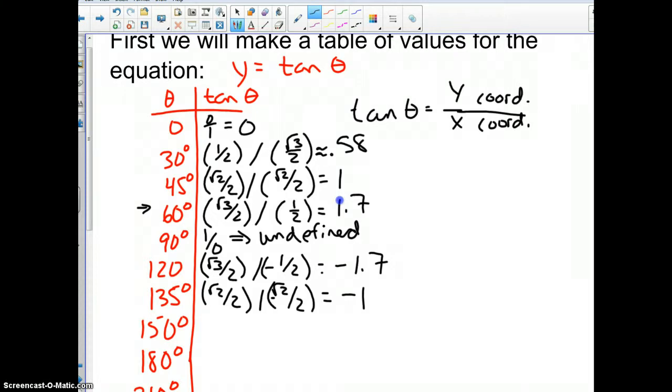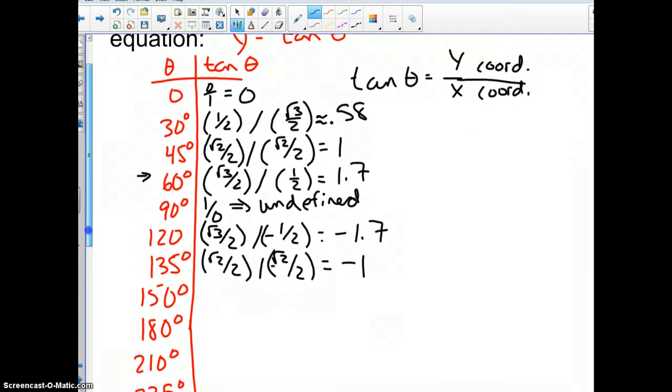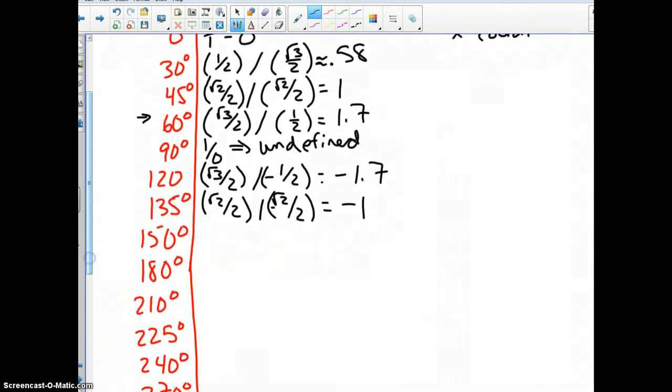Going on to 150 degrees, we start to see, maybe we're noticing some patterns here. That's a half divided by the square root of 3 over 2. Well, we've already done that as well. That was back at 30 degrees. Oh, excuse me again, the x coordinate was negative there.